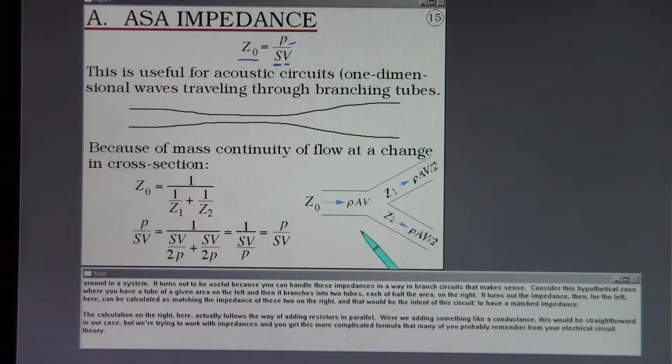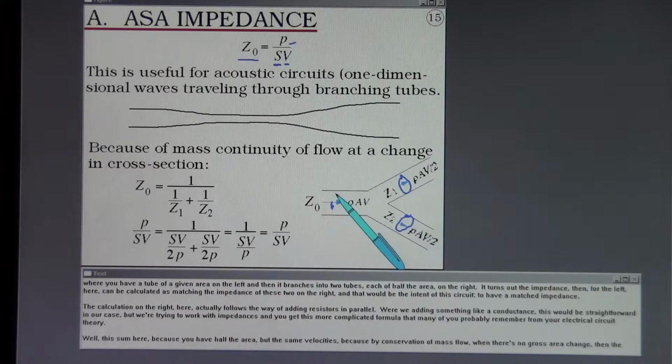Consider this hypothetical case where you have a tube of a given area on the left, and then it branches into two tubes, each of half the area on the right. It turns out the impedance for the left here can be calculated as matching the impedance of these two on the right, and that would be the intent of this circuit, to have a matched impedance.